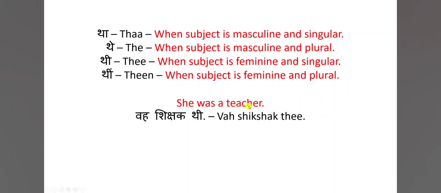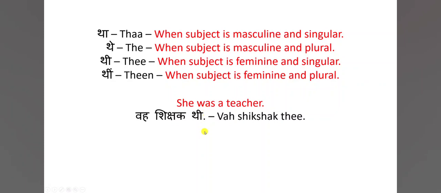She was a teacher. वह शिक्षक थी. वह is she, थी is was. Since the subject is feminine and singular, we have used थी for was.